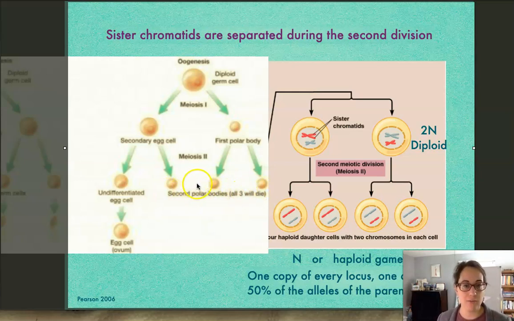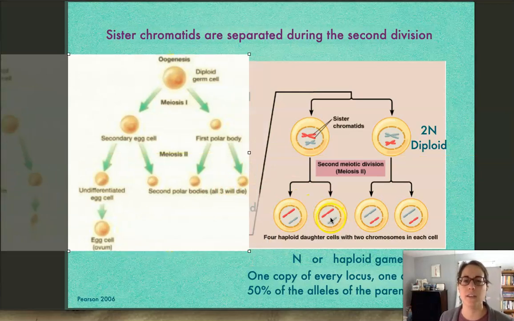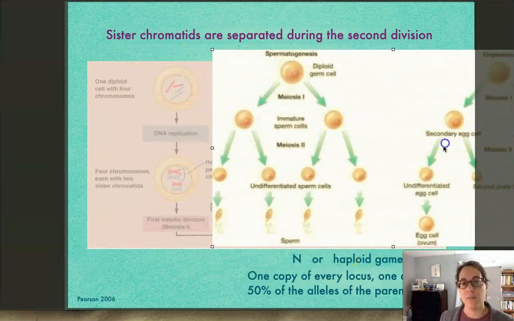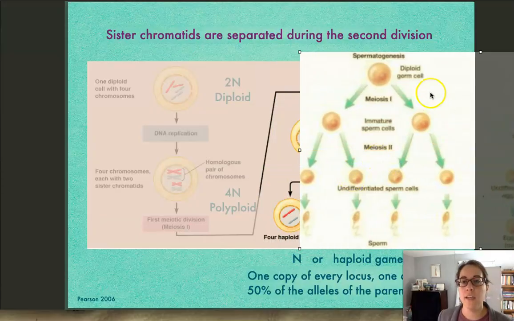So they do have the appropriately aliquoted DNA in them, which is only going to be haploid, but only one of the daughter cells ends up being viable as an egg. Whereas we have a comparison here in the meiosis that results in sperm cells, all 4 of the daughter cells end up being a viable sperm cell.